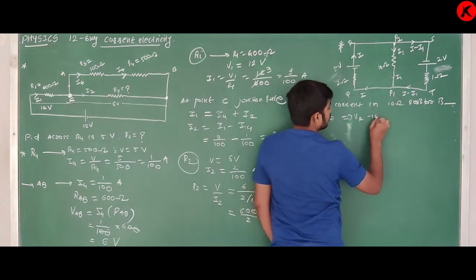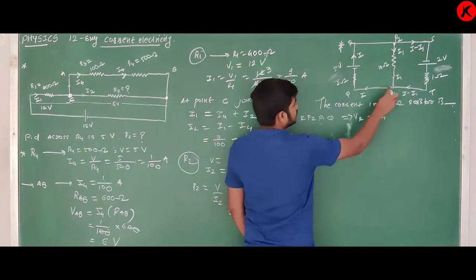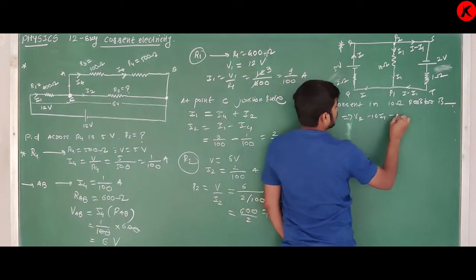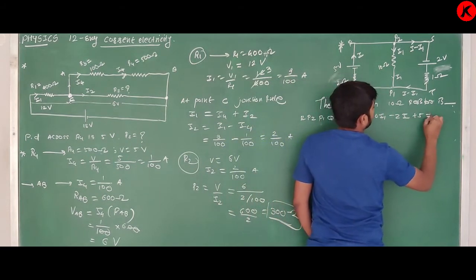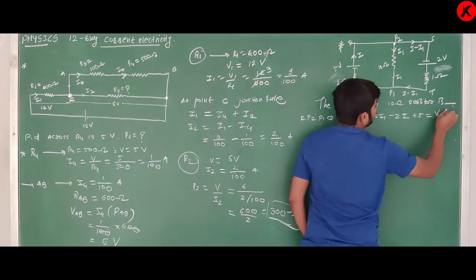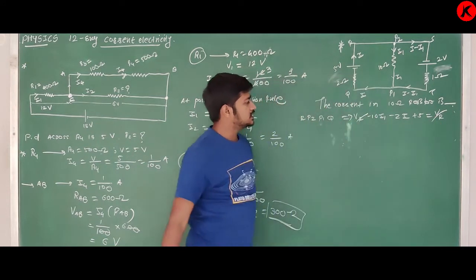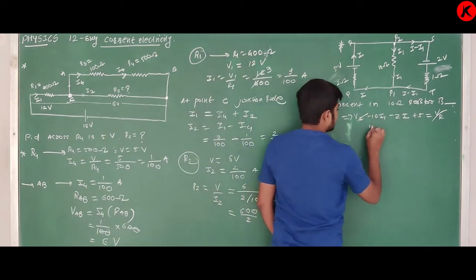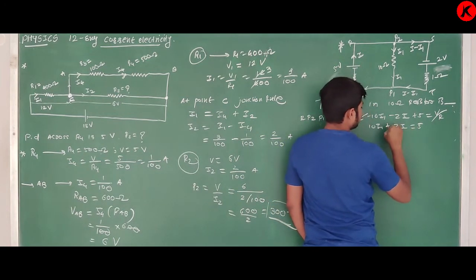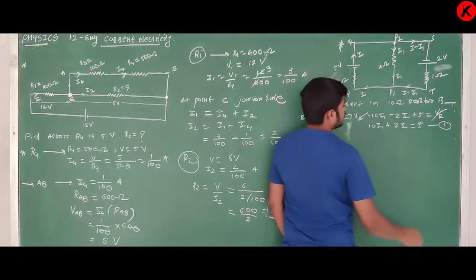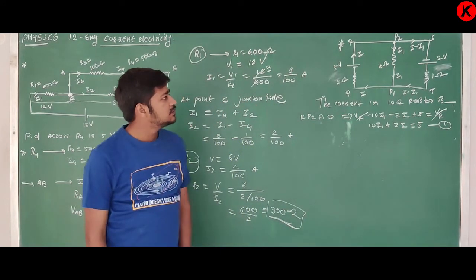In this case, it is minus 10 I1. Then here it is minus 2I. Then here it is plus 5, equal to VR, so VR cancels. So you can easily write 10 I1 plus 2I is equal to 5. Equation number 1.